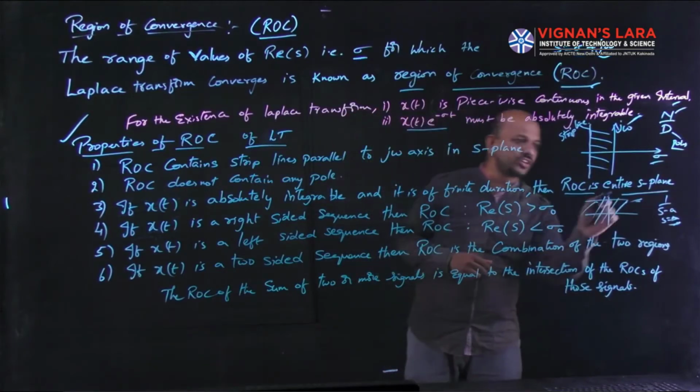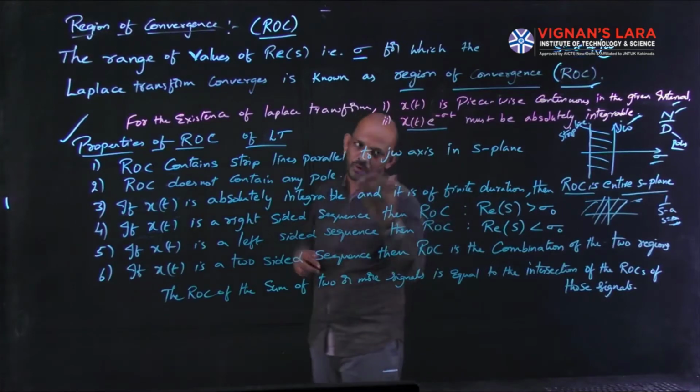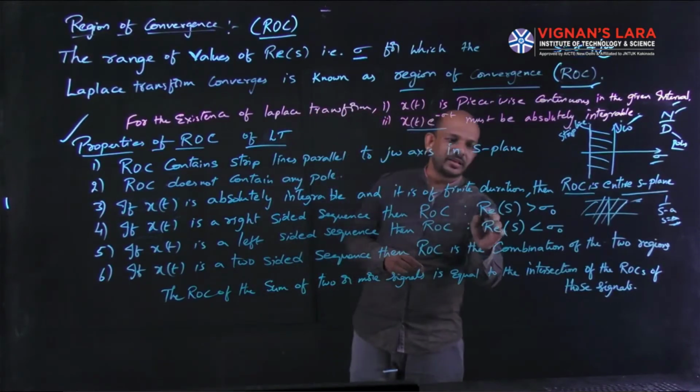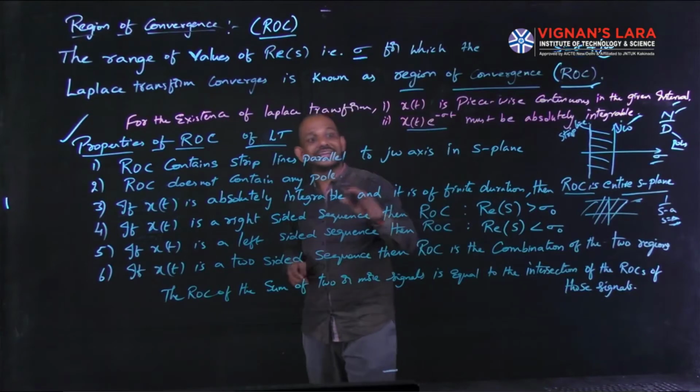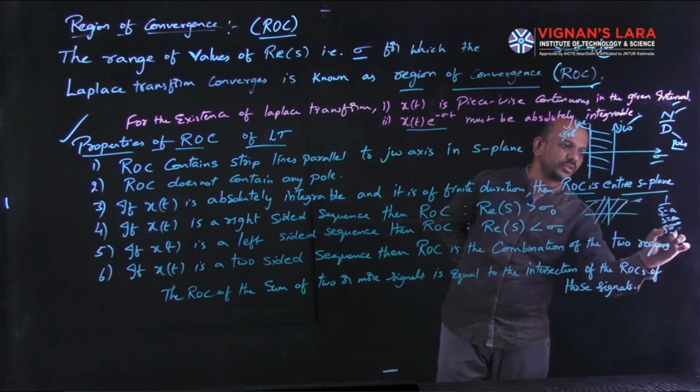Sigma naught is a value on the sigma axis; consider that as a pole. Then the real part of S should be greater than that. If this is like S minus A, then S equals A.